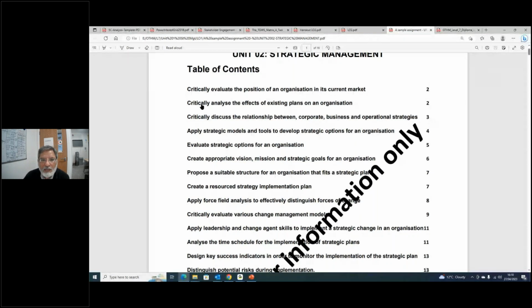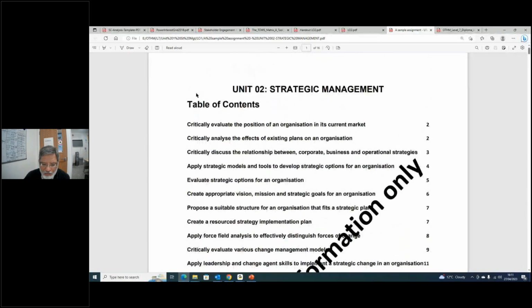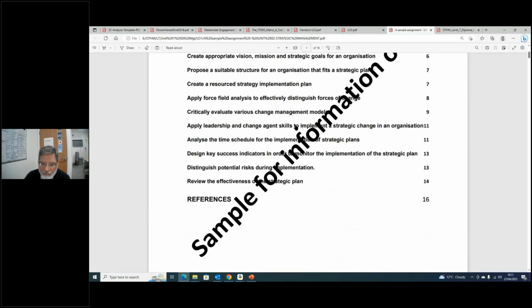This assignment doesn't have the numbers of the assessment criteria, so the first one is probably 1.1, followed by 1.2, 1.3, and so on. Then the page number, and then the references at the back.